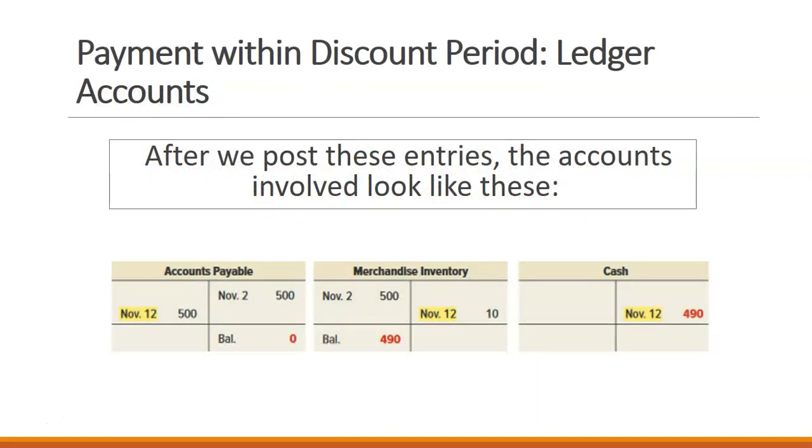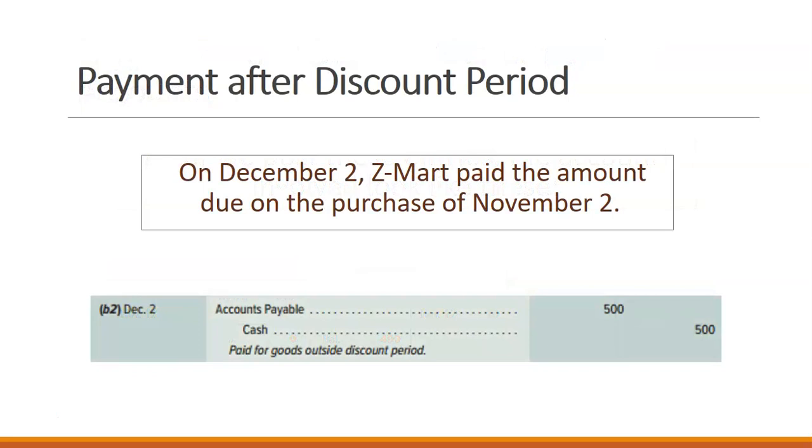When we pay within the discount period, we post those entries. Our accounts payable now has a zero balance. Our merchandise inventory reflects that $490 that we paid for the inventory, and our cash was reduced $490. If we did not pay within the discount period, we would pay the full $500.